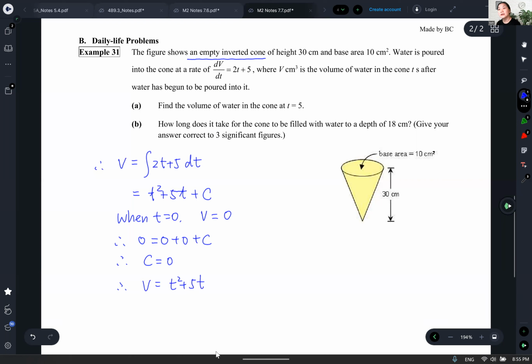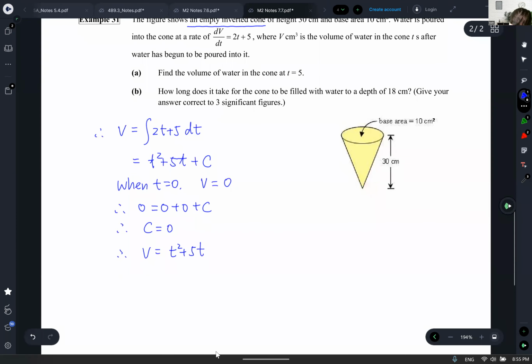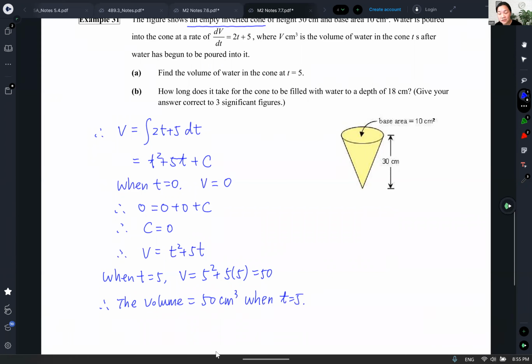That is the function found. So when t equals 5, I think we can find V, that's 5 squared plus 5 times 5, that's 50. The volume equals 50 cm cubed when t equals 5.